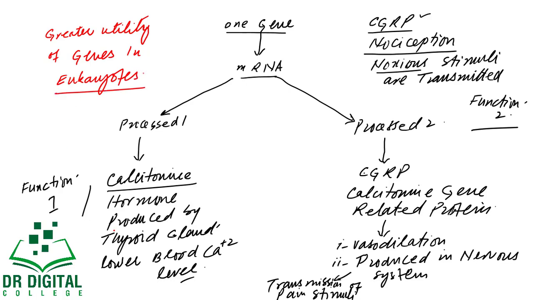So I hope this is understood, how RNA processing or RNA splicing is done, what its objective is, what its process is, and overall what it is.